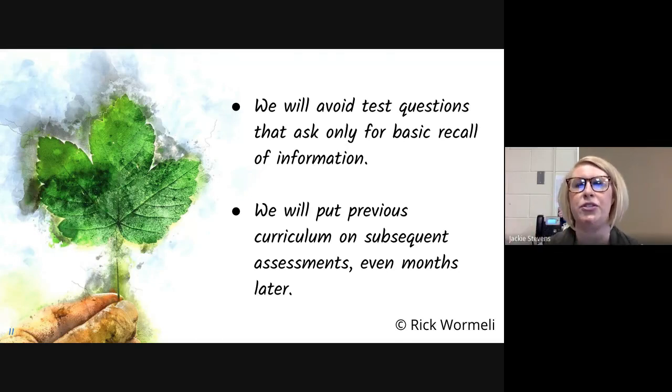That's where those question stems can come in handy, moving farther up the taxonomy, either Marzano or Bloom's taxonomies, to get beyond the basic recall of information.